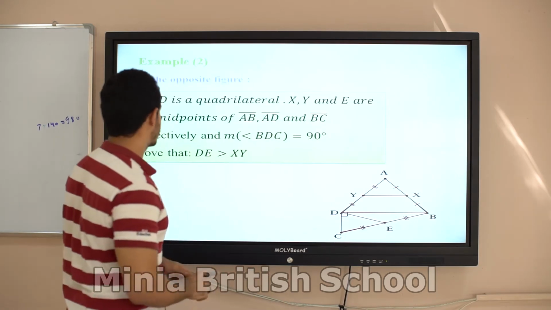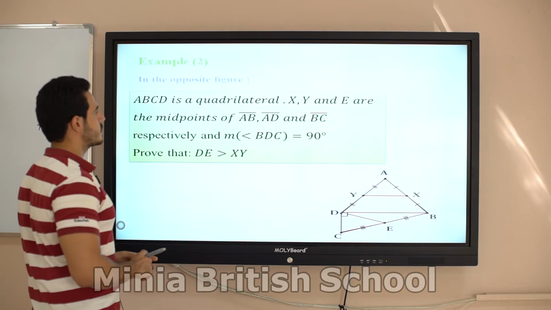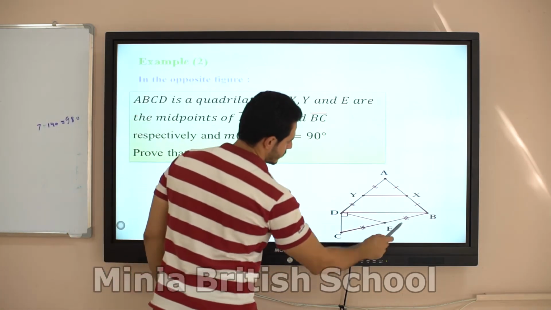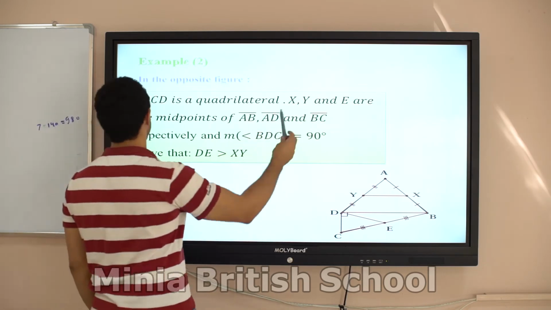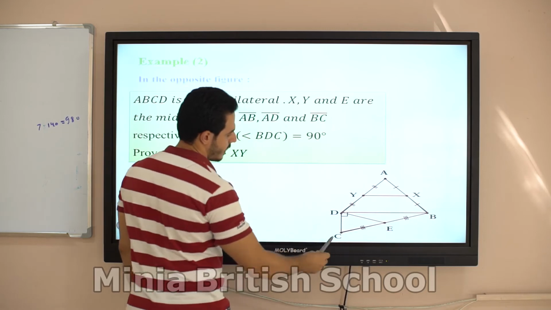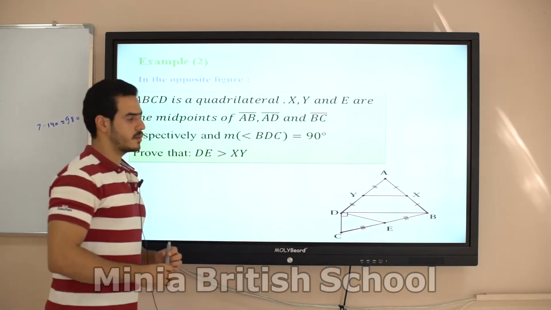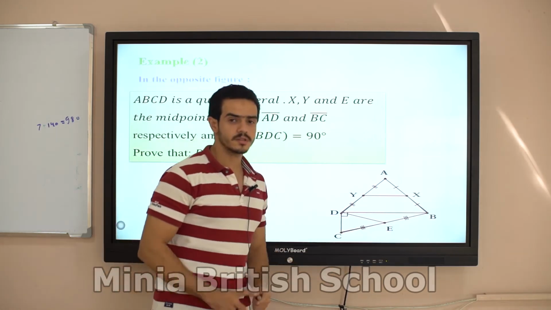Let's solve this exercise. In the opposite figure, ABCD is a quadrilateral. X, Y, and E are midpoints of AB, AD, and BC.